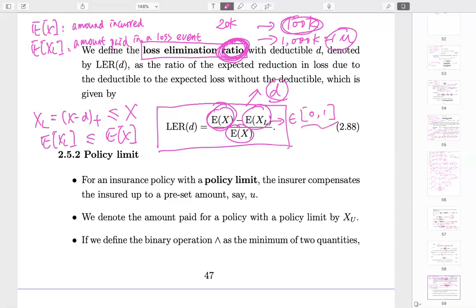But 20K is just 2% of that mansion. So in that case, talking about the actual amount has less meaning than talking about a ratio, right? A ratio is uniform. I will end here. In the next video, we will study the second modification, limit, and likely the third modification, coinsurance.